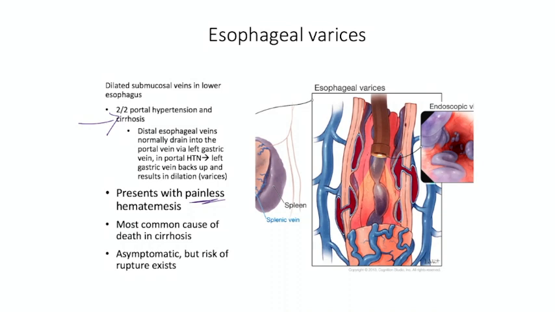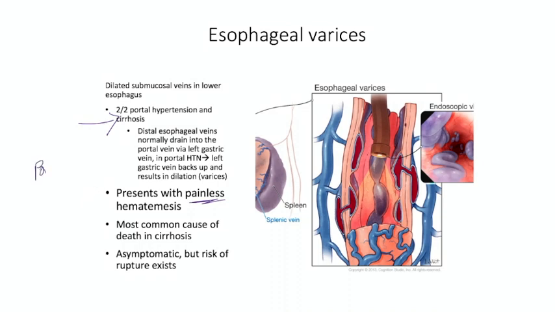We have evidence of portal hypertension usually, and that left gastric vein backs up and results in dilatation of the esophageal area, and that creates these varices. The most common cause of death in patients with advanced cirrhosis is esophageal varices. This is a progressive complication of cirrhosis and portal hypertension.